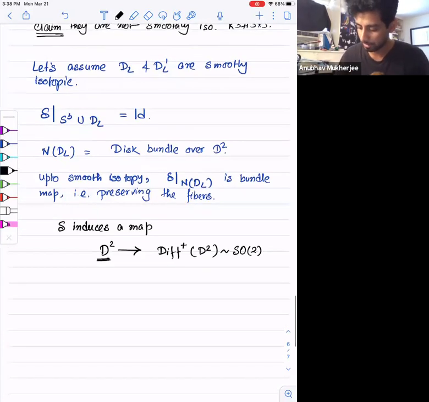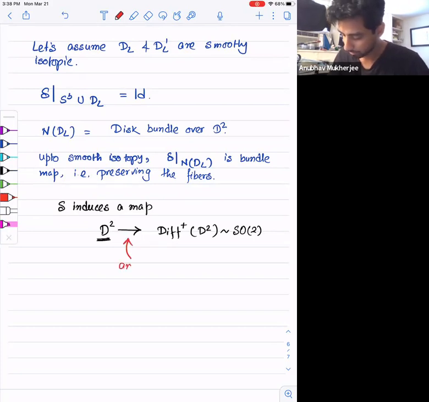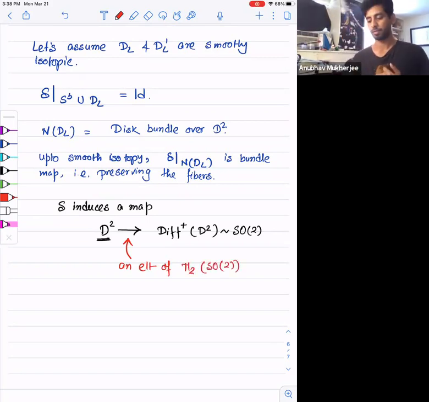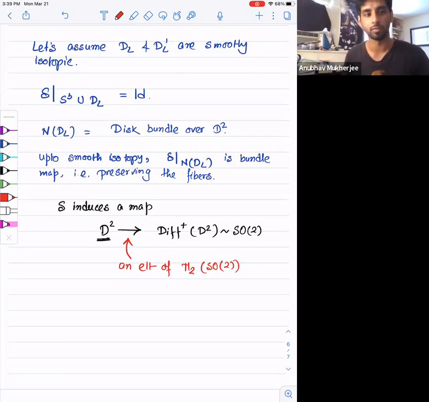So let's abuse the notation and call this again delta. This gives us an element of pi2 of SO2, because the boundary is pointwise fixed to the identity, and the disk is mapping to the interior of Diff of D2.